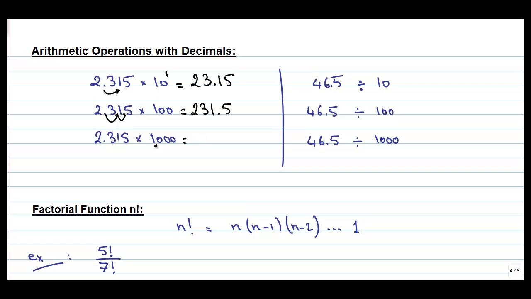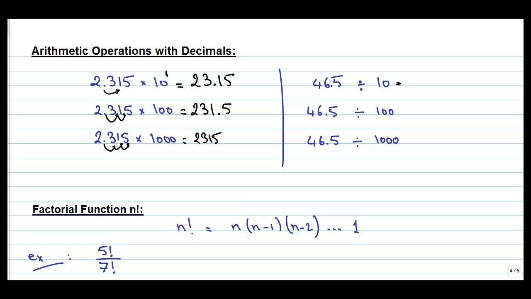The same for 1000, we have 3 zeros, so I move the decimal point 1, 2, 3. So it will be 2315, and since we don't have anything after the decimal point, you just erase it. We don't have a decimal part here.